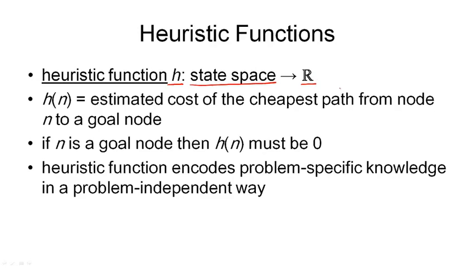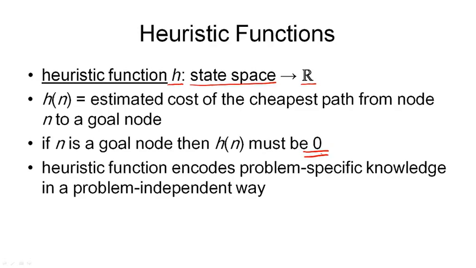What a heuristic function encodes is the estimated cost of the cheapest path from the given node to a goal node. So the heuristic function tells us how close is the nearest goal node. Obviously, if the node n given to the heuristic function is a goal node, then the value must be 0. That is, we are already at a goal node, so the nearest goal node is in distance 0.